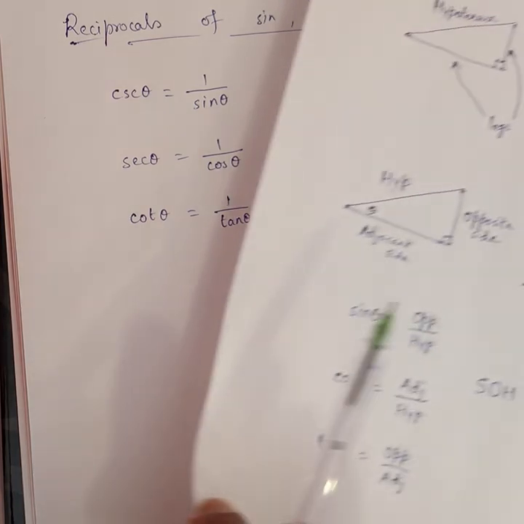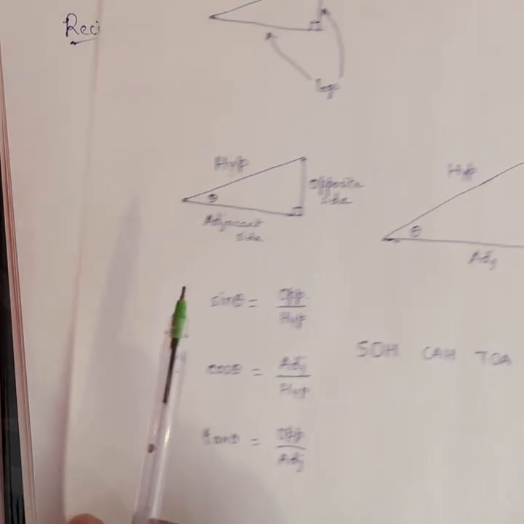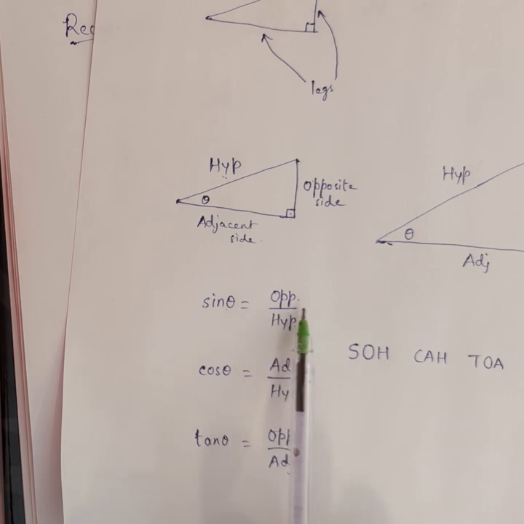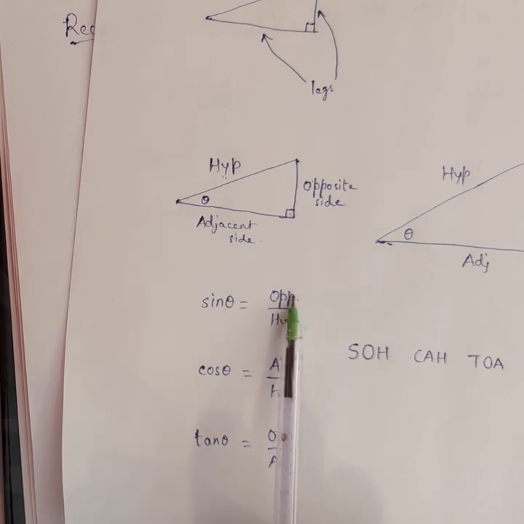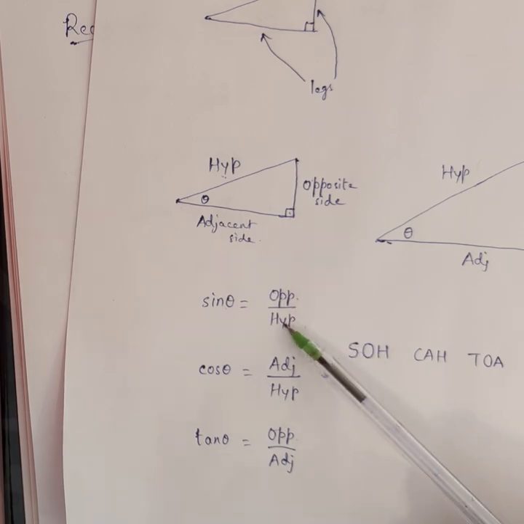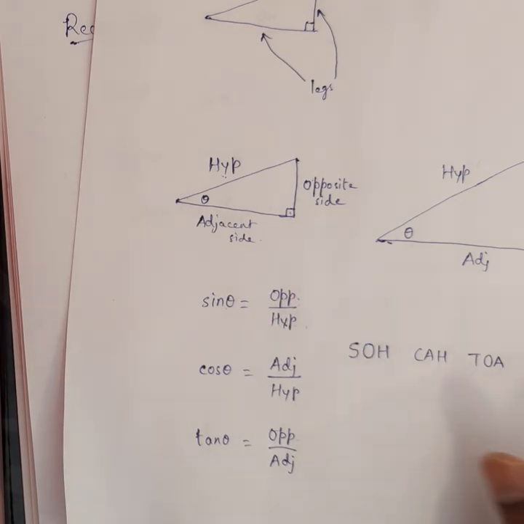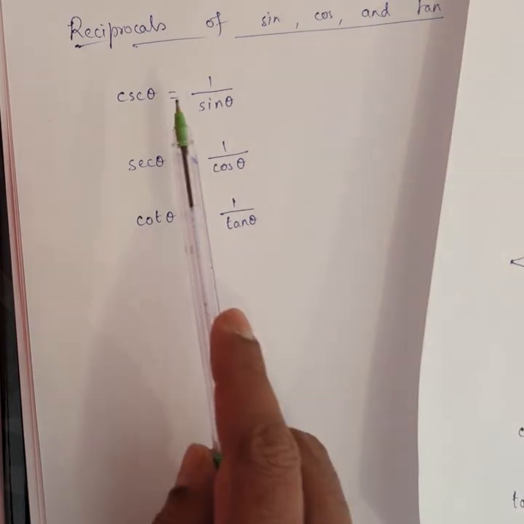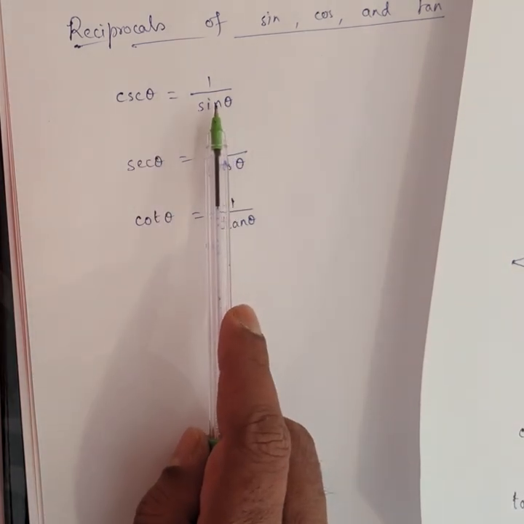So for example, we just commented that sine is opposite over hypotenuse. So you're taking a smaller side over a larger side. This will be less than 1, which means cosecant will be more than 1.